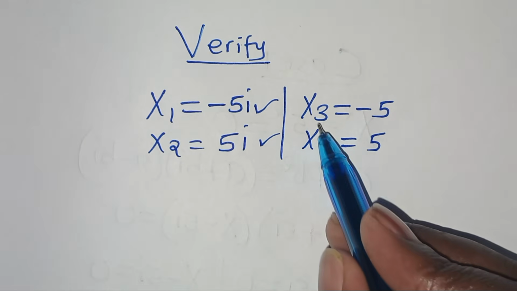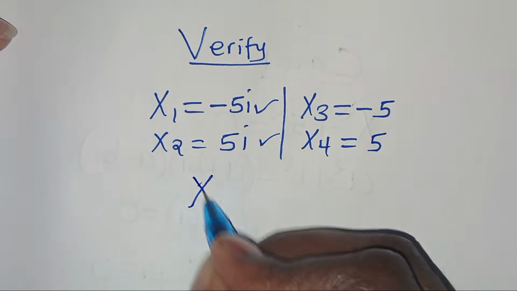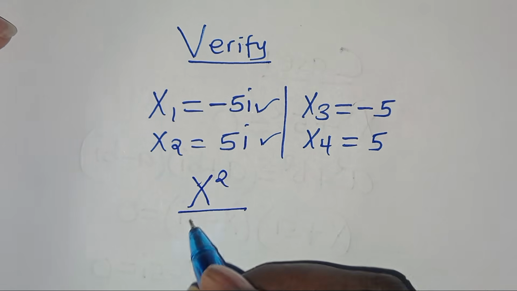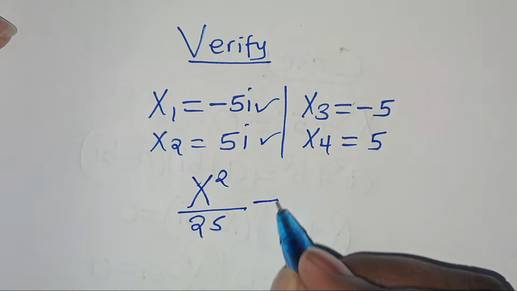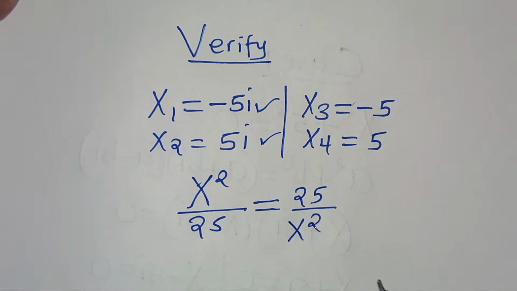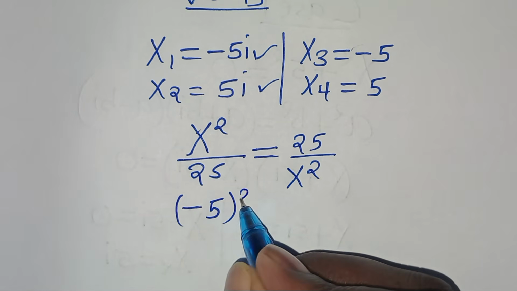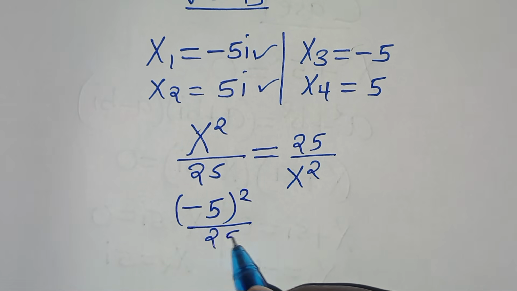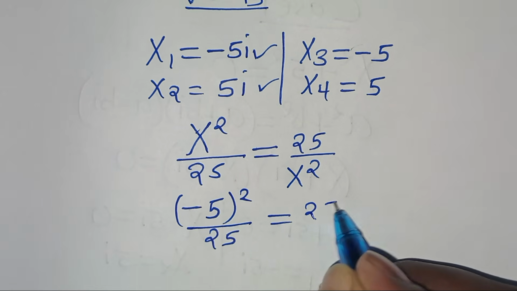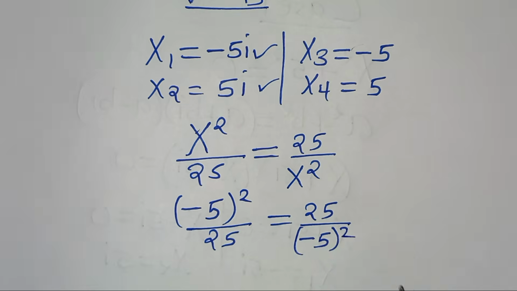Let's check x3, which is negative 5. Now let's verify whether x3, which is minus 5, satisfies the equation. We have x squared divided by 25 is equal to 25 divided by x to the power of 2. So we have negative 5 raised to the power of 2 divided by 25 is equal to 25 divided by negative 5 to the power of 2.